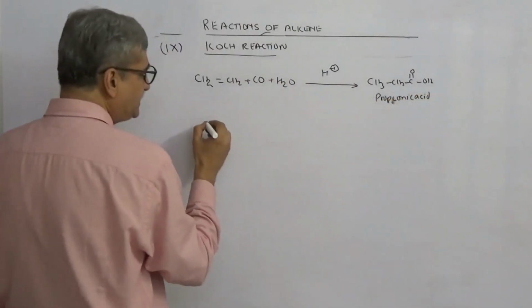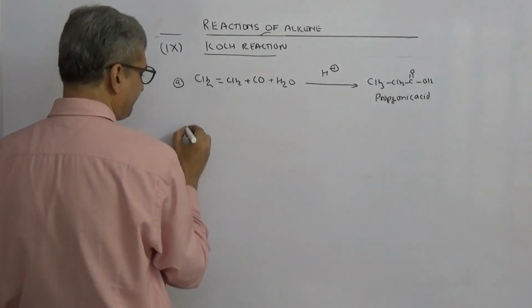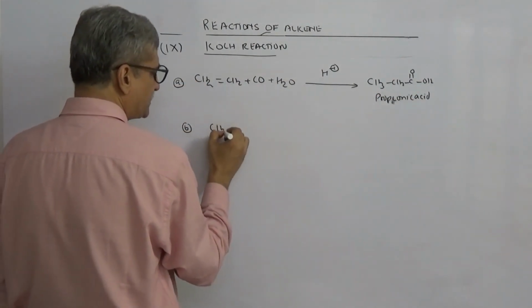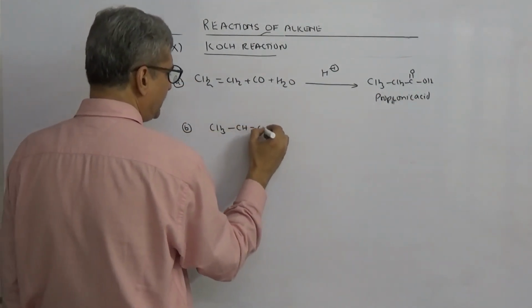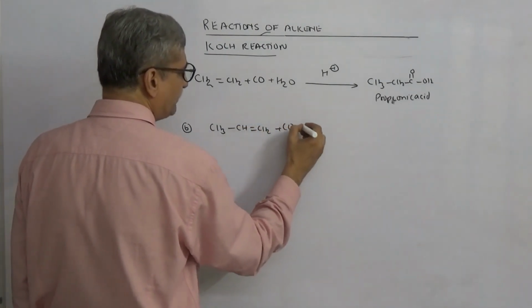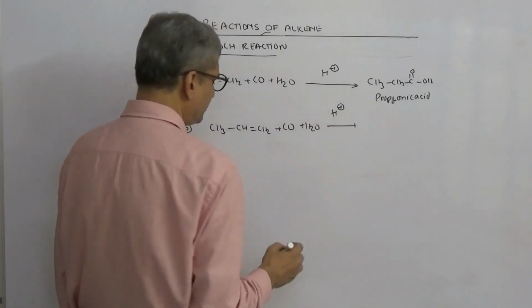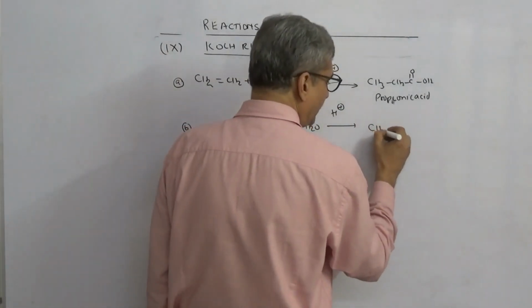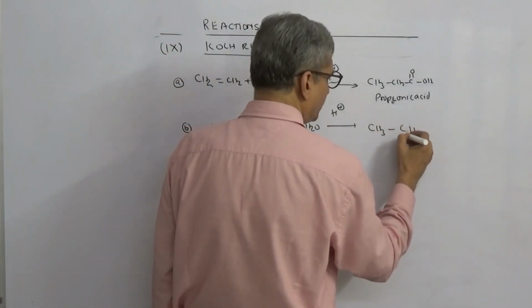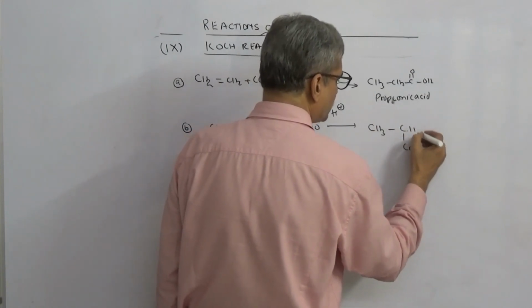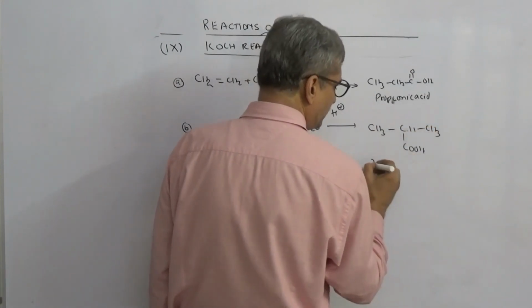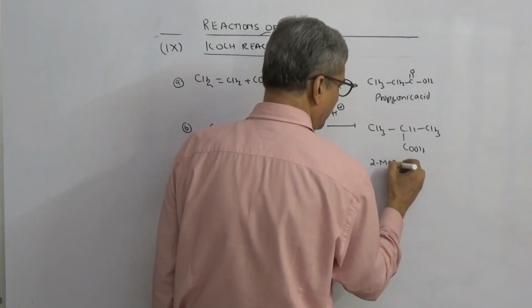When you take an unsymmetrical alkene, CH3CH=CH2, plus carbon monoxide plus H2O in presence of a mineral acid, you get an isomeric product with COOH, which will be 2-methyl propanoic acid.